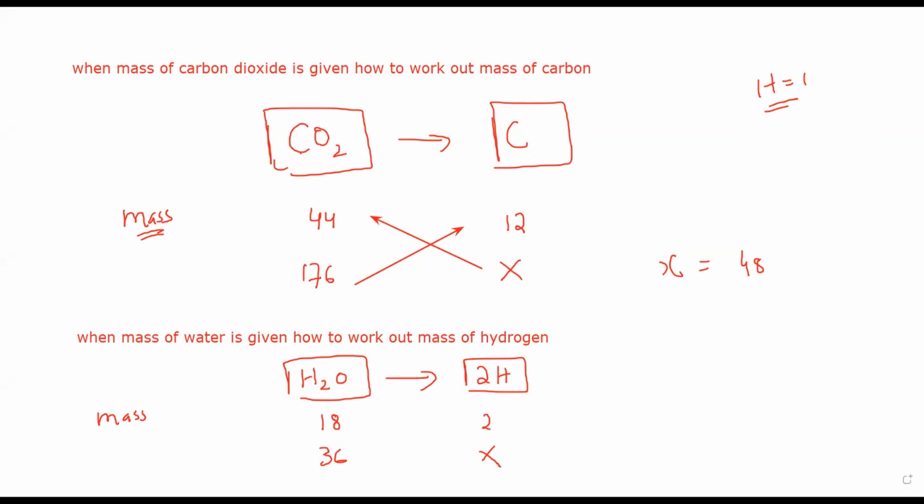We cross multiply: 18 multiplied by X, it will be 18X. So 18X is equal to 72, so X is equal to 4. Is it clear how we worked out the mass of hydrogen and carbon in the compound? Is it clear to everyone?